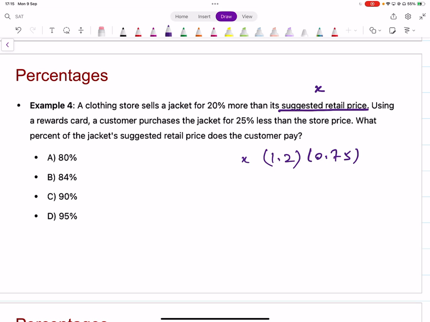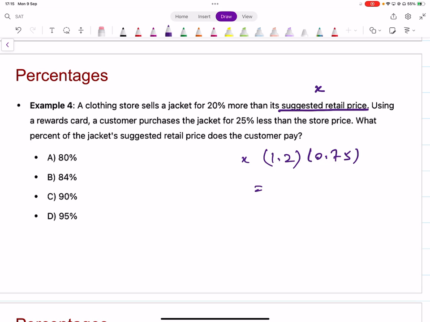Multiply by 0.75. And that will give you some result. Why would this subtract? This will automatically handle everything, right? When you're calculating 75% of something, you're reducing that thing by 25%. It's already doing the subtraction. So 0.75 is basically coming from 1 minus 0.25, right?